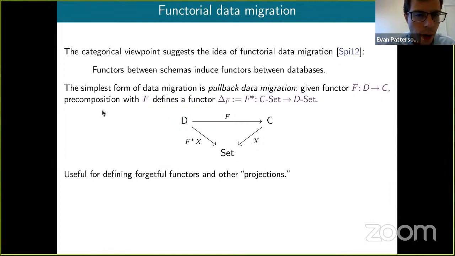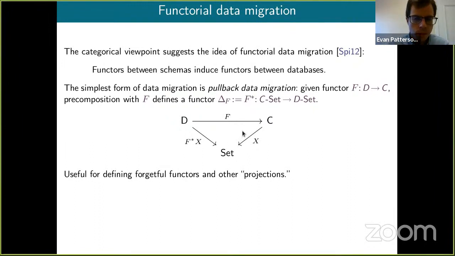The simplest way to set this up, the starting point, is to consider the pullback data migration, which is a contravariant form of data migration. So if I give you a functor from D to C, then precomposition with that functor defines another functor from C-sets to D-sets, right? And this is depicted by the picture here.